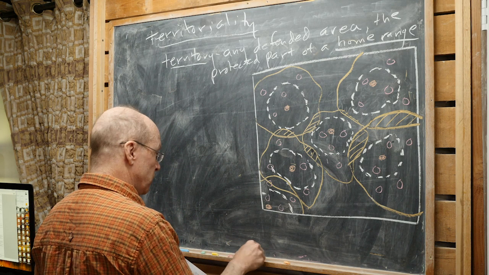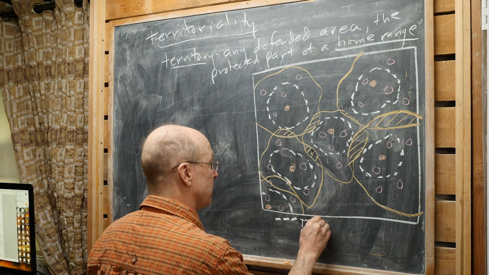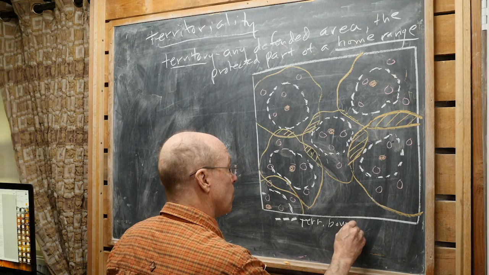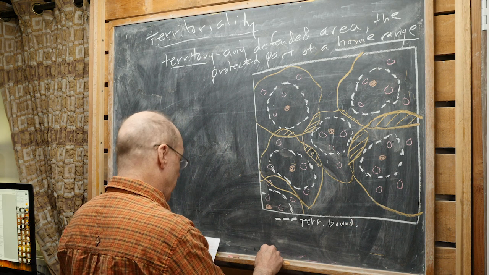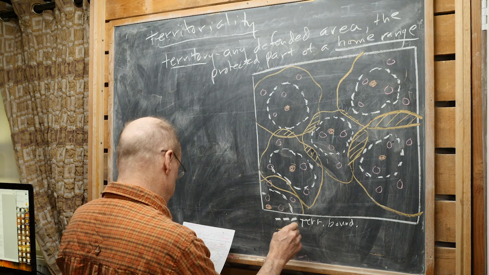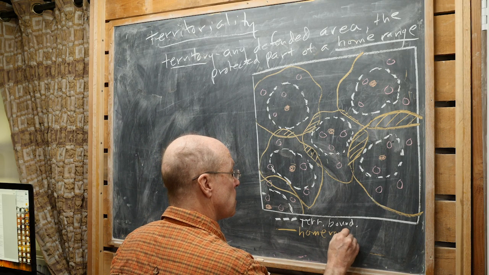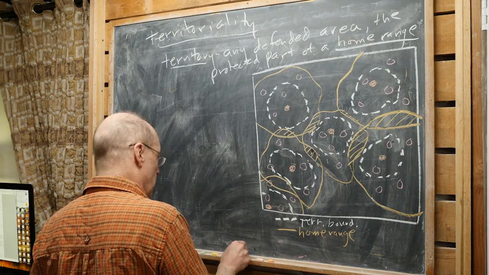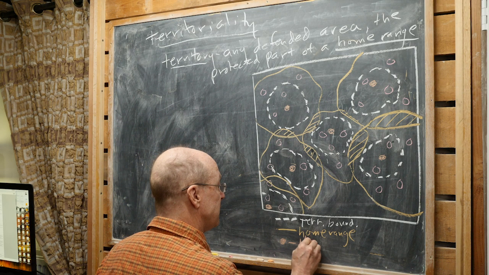So let's make a key. First off, this is the territorial boundary. And then with that orange, this is the home range. Then this is nest site.